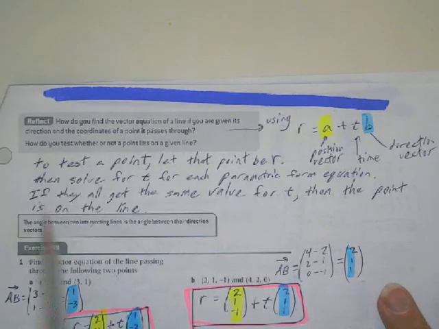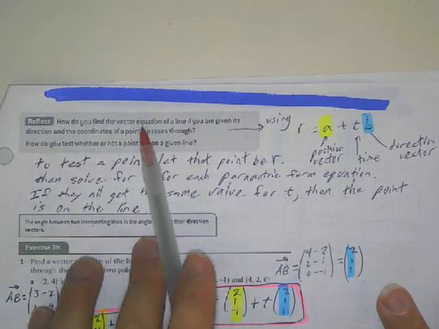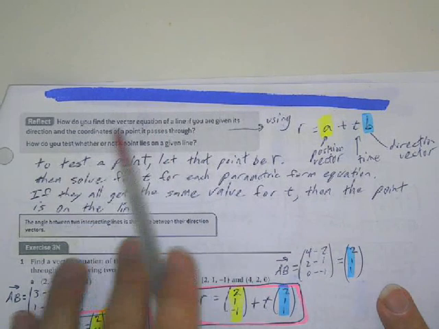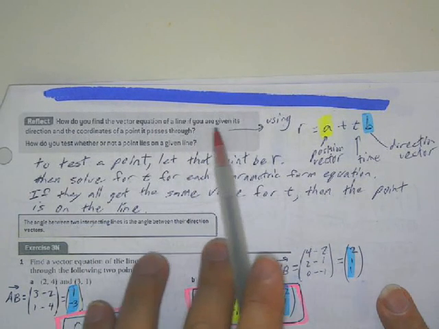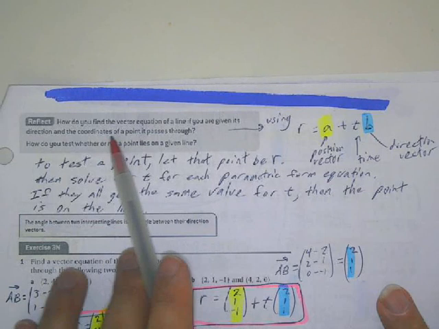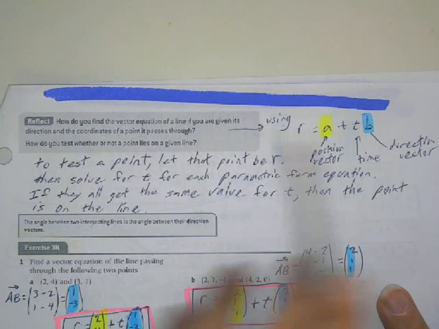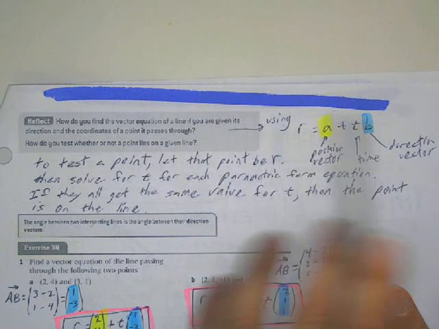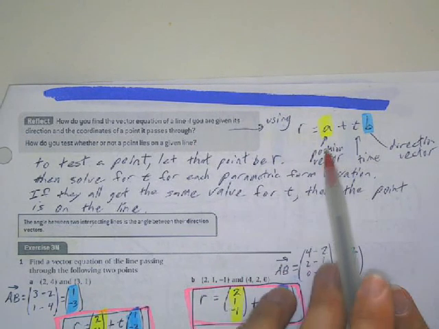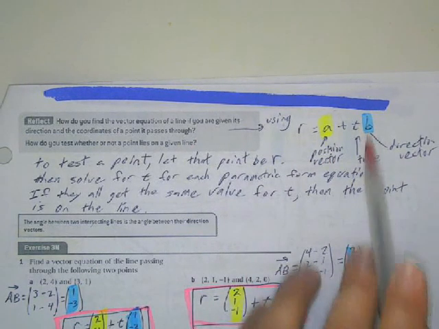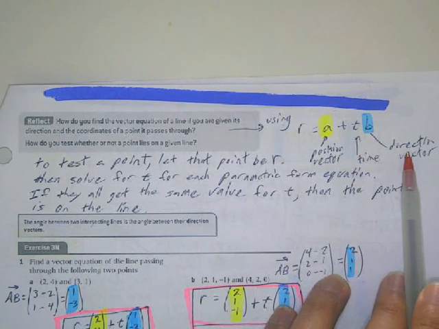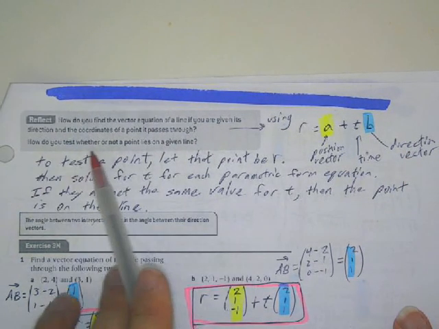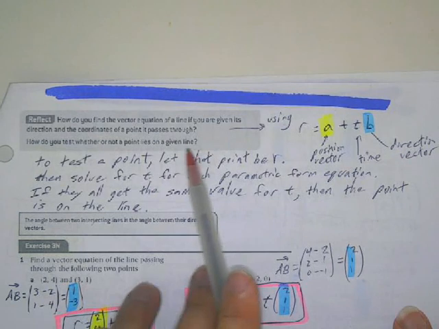Okay, so how do you find the vector equation of a line if you are given its direction and the coordinates of a point that it passes through? So once again, we're using this formula to find a vector equation, with its position, the time, and the direction vector. How do you test whether or not a point lies on a given line?